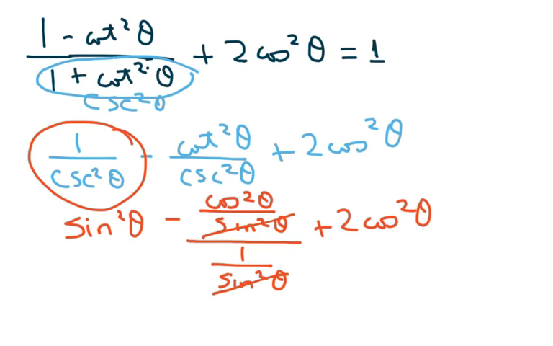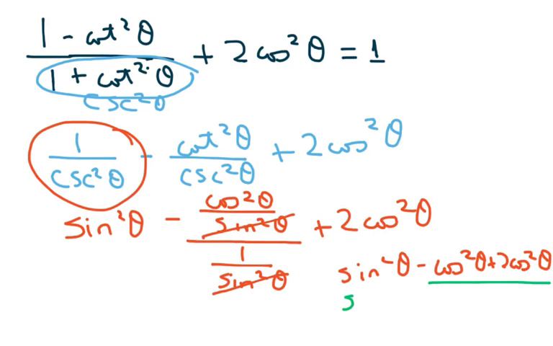So what we're left with is sine squared of theta minus cosine squared of theta plus 2 cosine squared of theta. Now this piece here equals just cosine squared of theta, and we get cosine squared of theta. And we know that sine squared of theta plus cosine squared of theta equals 1.